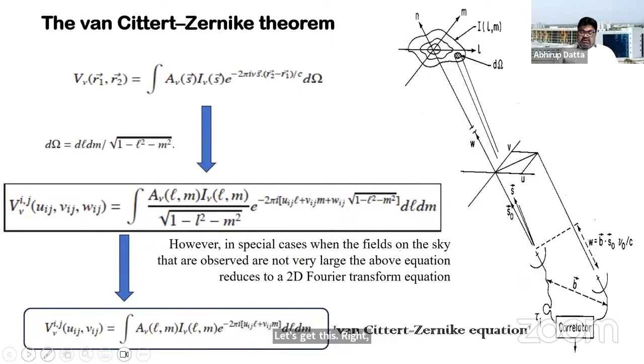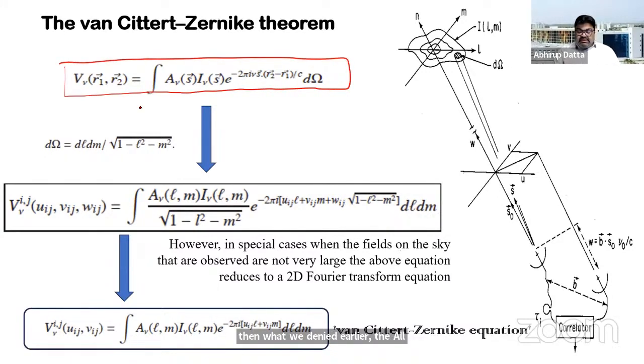Right. So if you're agreeing with that, then what we derived earlier, the V R1 R2, is given in terms of the Fourier transform of the product of A and I. Now, in the ideal case, you can assume that A as a function of direction is unity, and then this expression becomes much easier, and it just becomes the Fourier transform of the sky.